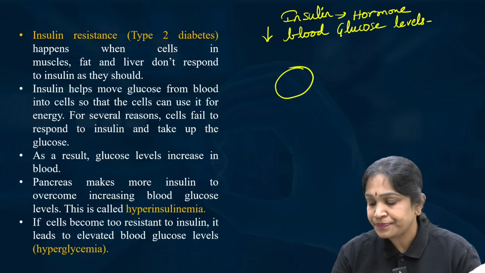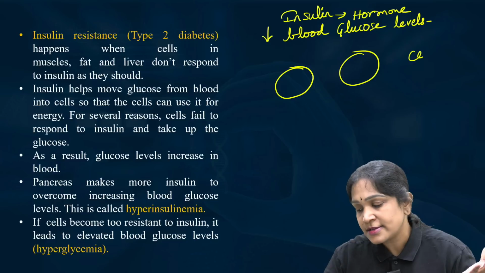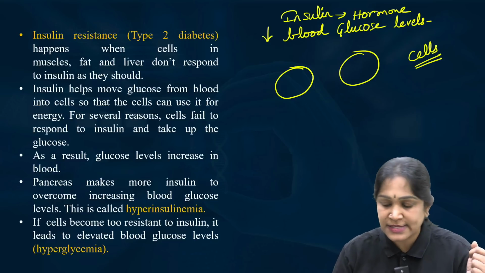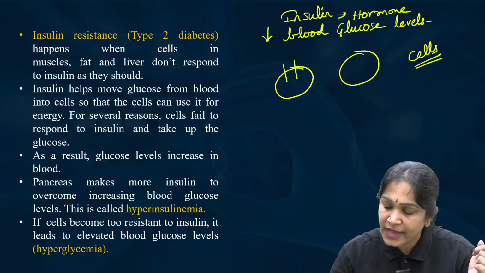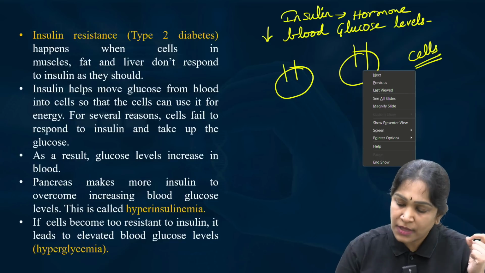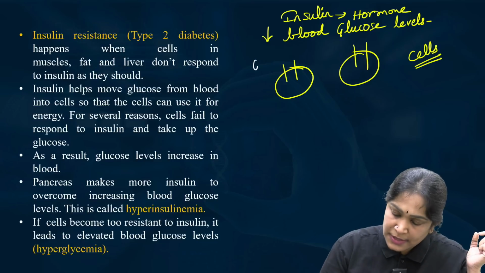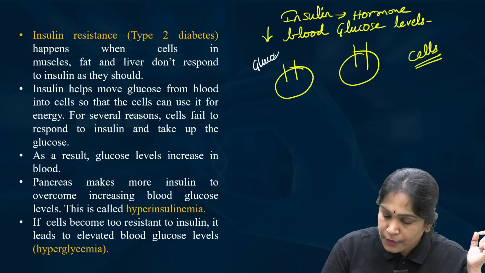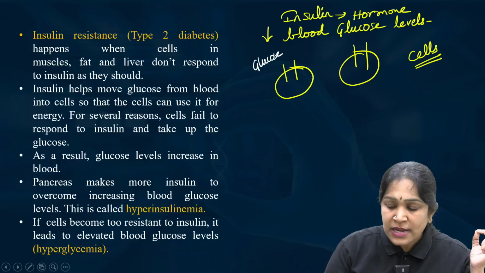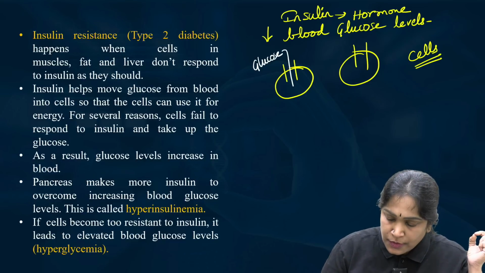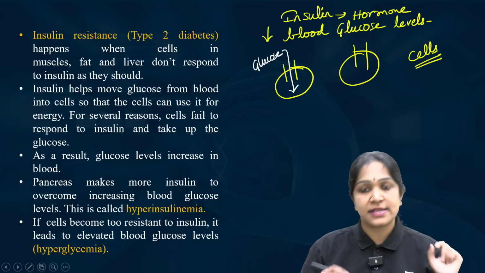For example, let us suppose these are our body cells. Now, let us assume this is the glucose. The insulin will try to send the glucose into our body cells.